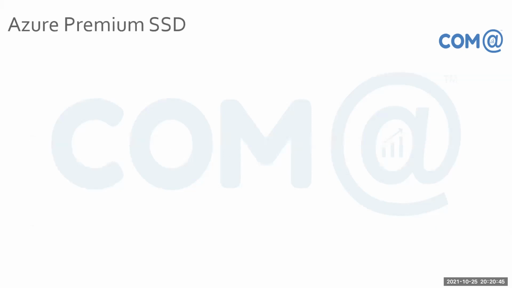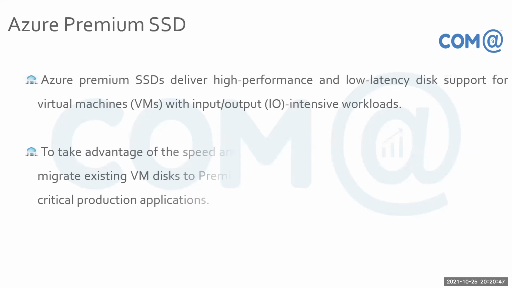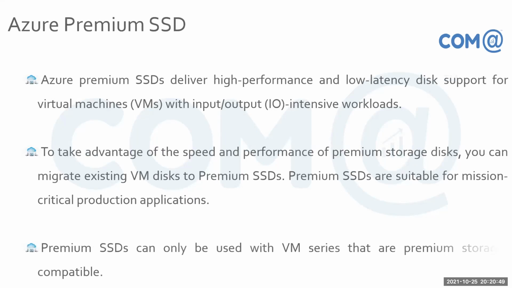We also have the Azure Premium SSD. Obviously we all know SSD disks have more disk IOPS and throughput. Compared to Ultra Disk, Azure Premium SSDs also have great performance, but Ultra Disk has extreme performance and the Premium SSD has better performance.